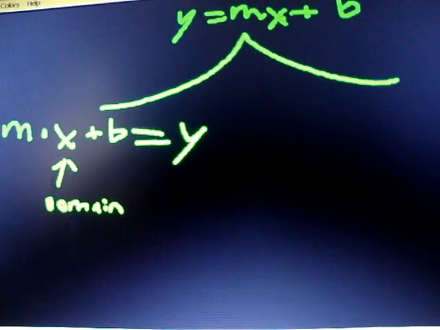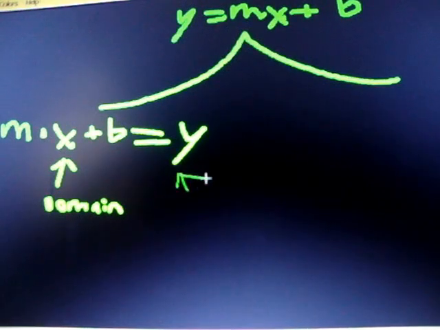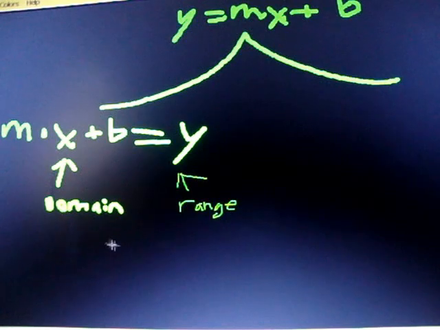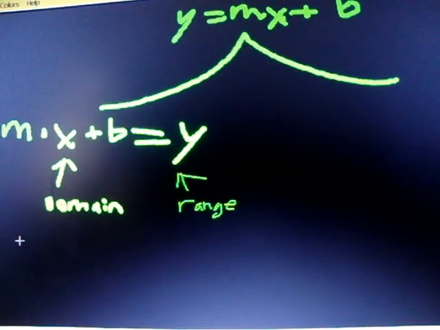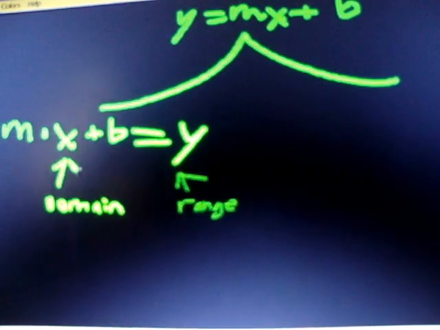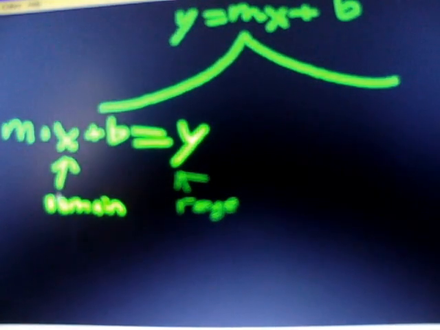Maybe I should make my little digital paintbrush smaller. And this is your range. So that's your domain, and this is your range. Whatever you put in here and there are your coordinates.